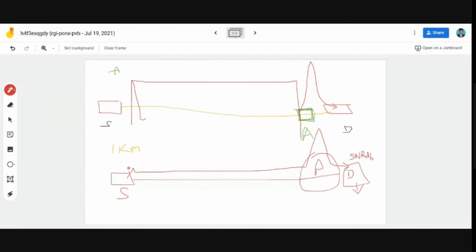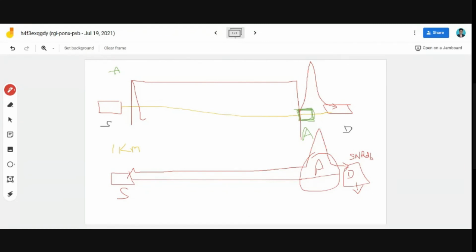If the source sends a weak signal, the same weak signal will reach the amplifier, which gains the power of the signal and sends it to the destination. Then we have to apply the SNR rate to reduce the noise and recover the original signal. This is an extra problem when using an amplifier.